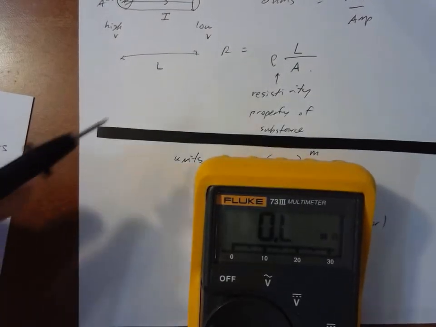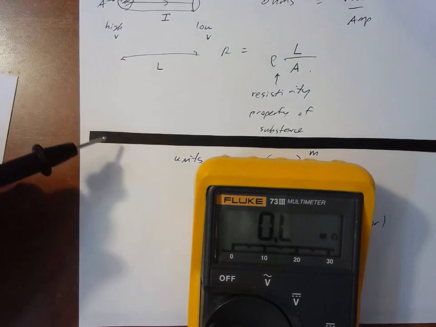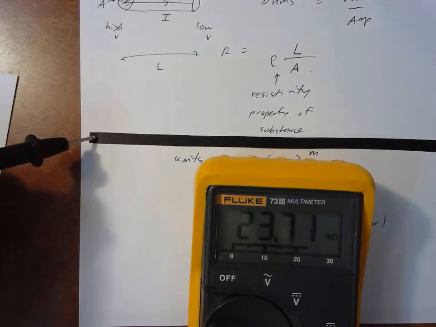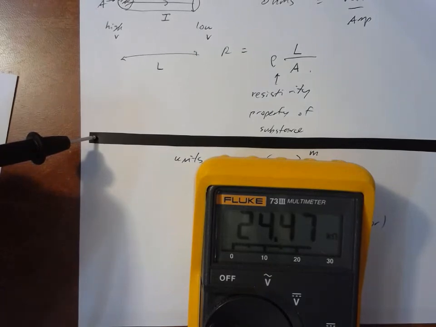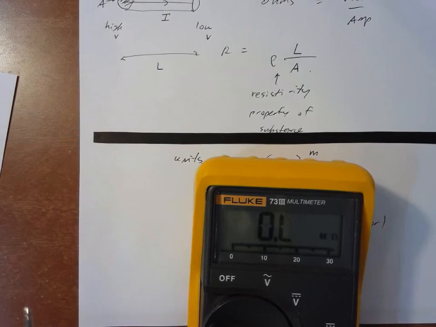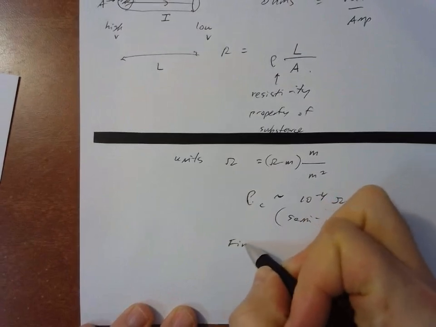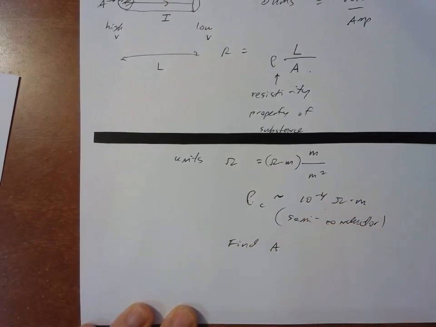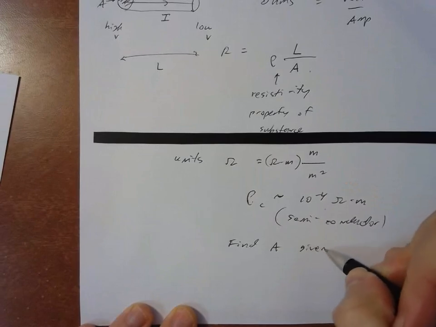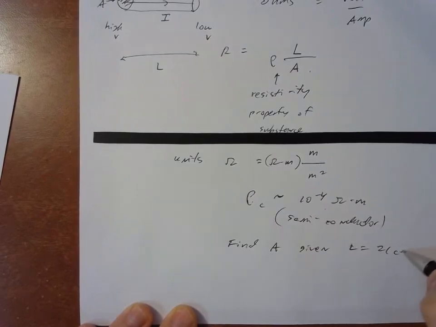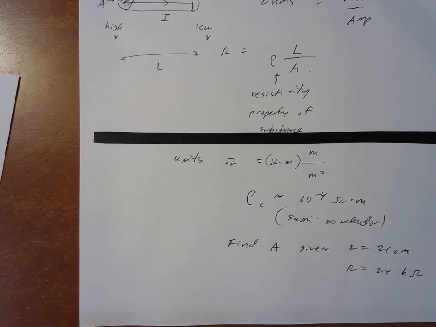So if I have a 21 centimeter length, that resistance was about 24 kiloohms. Let's say it's 24 kiloohms. So your problem is to find the cross-sectional area given a length of 21 centimeters and a resistance of 24 kiloohms. Okay, so you should be able to figure that out and tell me the next time we meet in class.